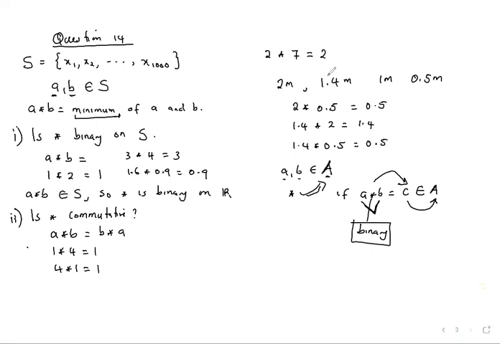Every time you get two numbers, the shorter one is your solution. So A star B will always be equal to B star A, according to the definition of A star B as the minimum of A and B. So star is commutative.